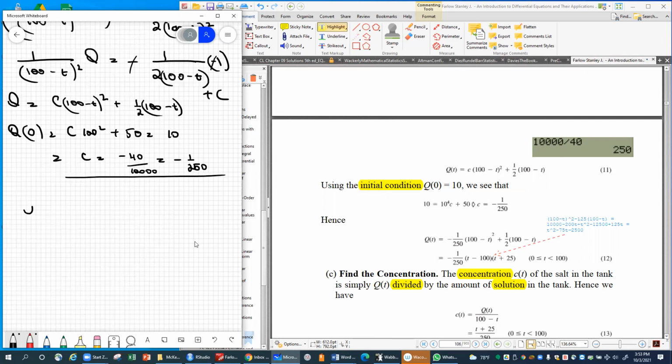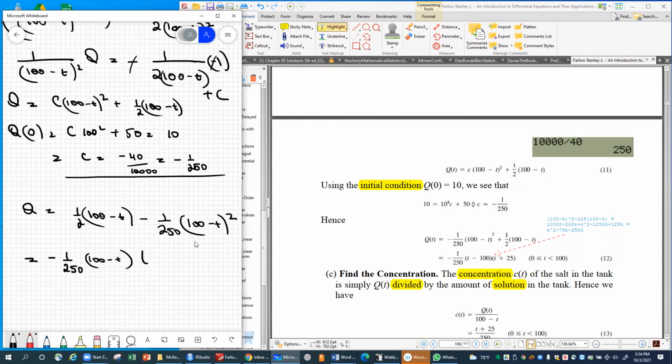Okay, so that means you got Q equal to 1/2 times (100 minus t) minus 1 over 250 times (100 minus t) squared. We propose to rewrite it like this: factoring out (100 minus t), what do you have then?